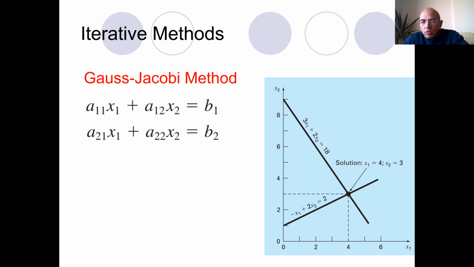Gauss elimination method. Now our first approach is the Gauss-Jacobi method, and it is much better if we explain it by using a graphical approach. So just assume that we have two equations with two unknowns, and let's give a number to them.